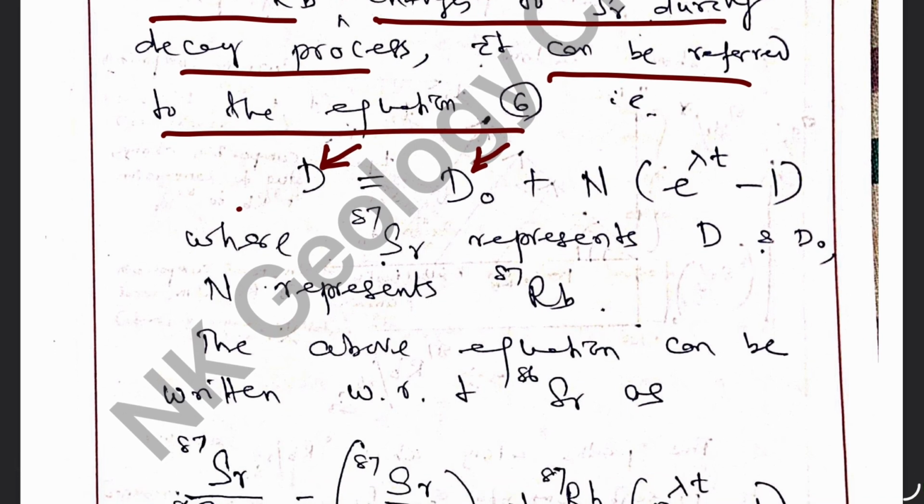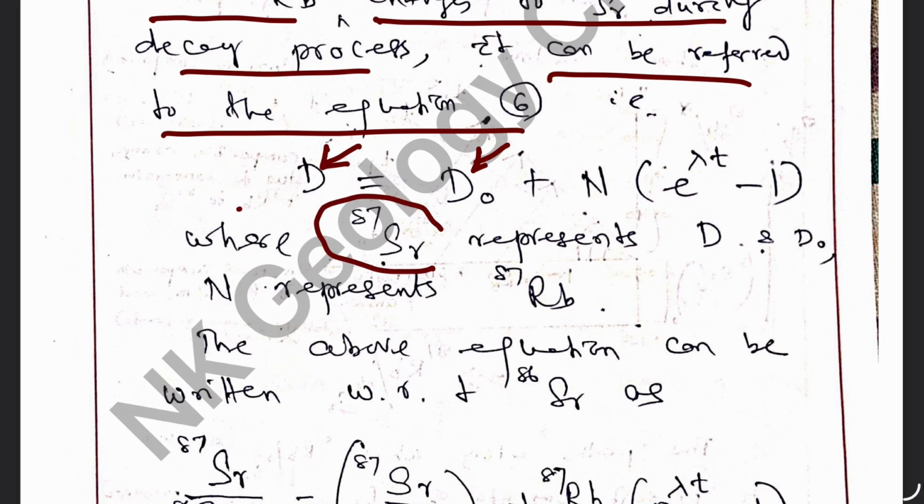We have already discussed that this refers to an equation of a straight line. Thus D is represented by strontium-87 because rubidium-87 changes to the daughter element strontium-87.